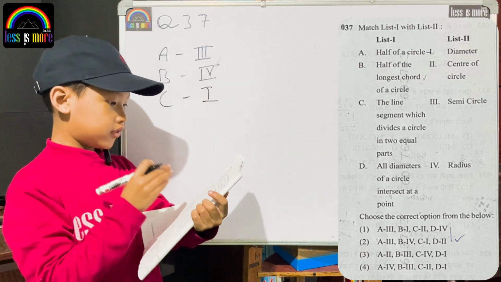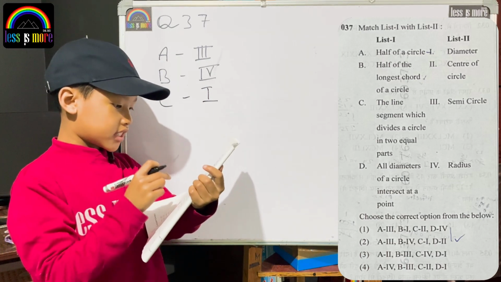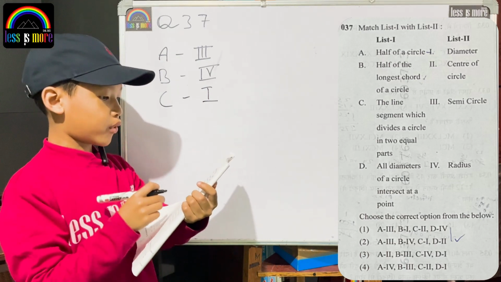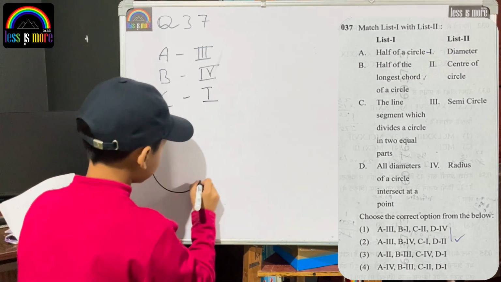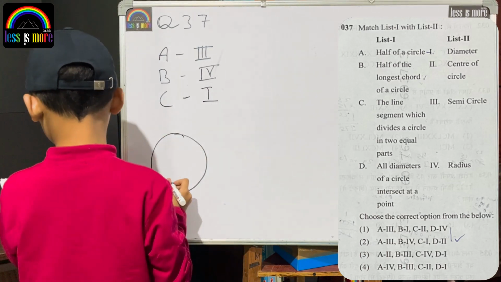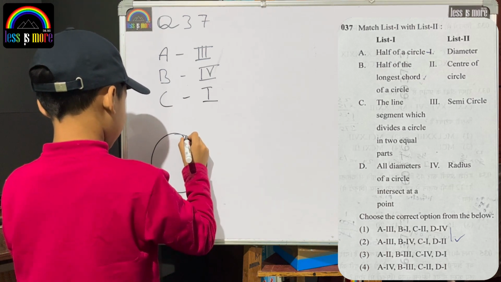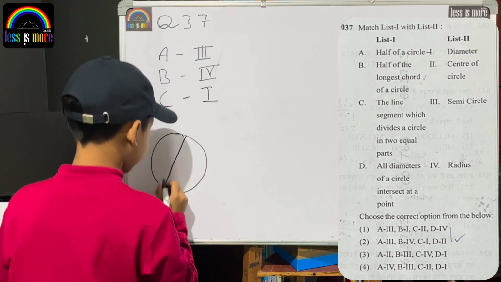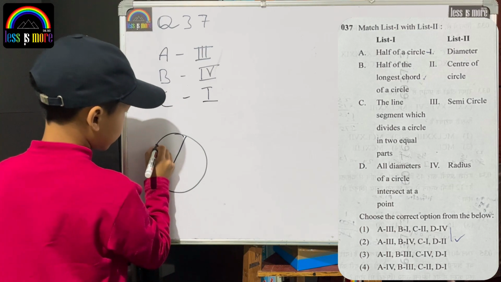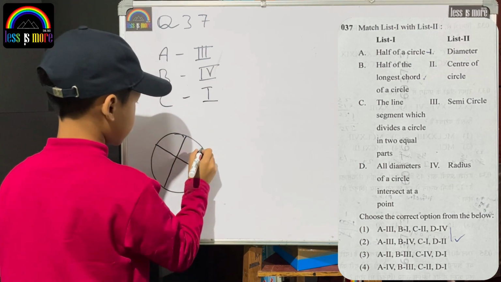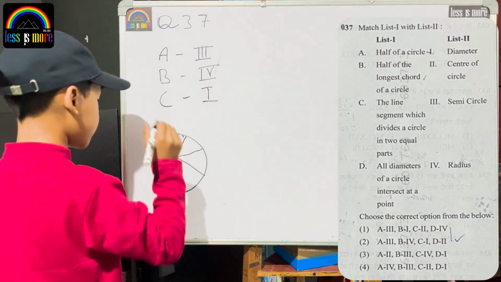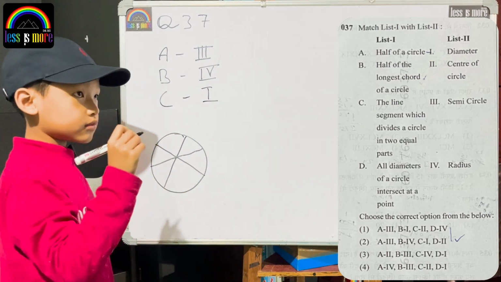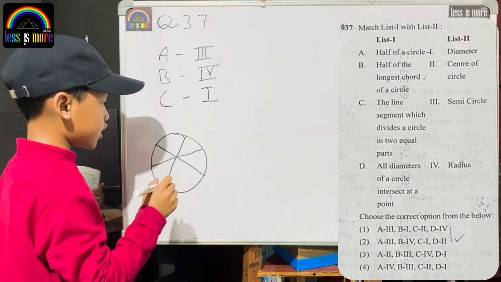On D of list 1, it says all diameters of a circle intersect at a point. It means in a circle, if I draw different diameters, each divides the circle into equal halves.